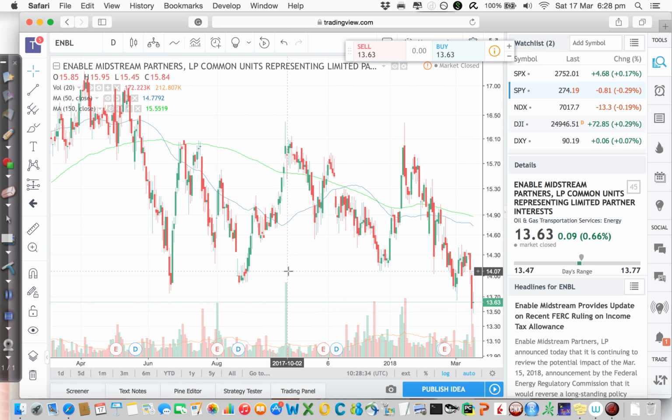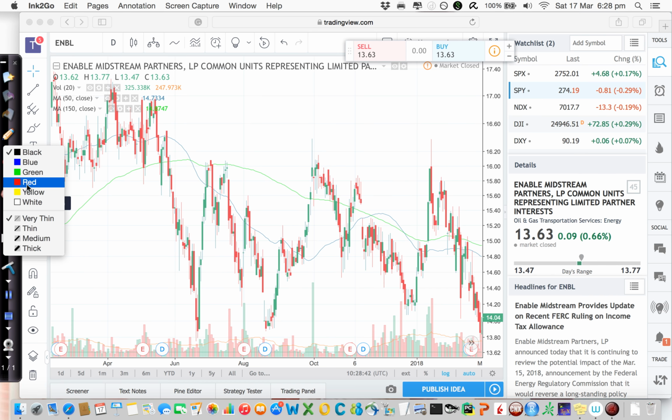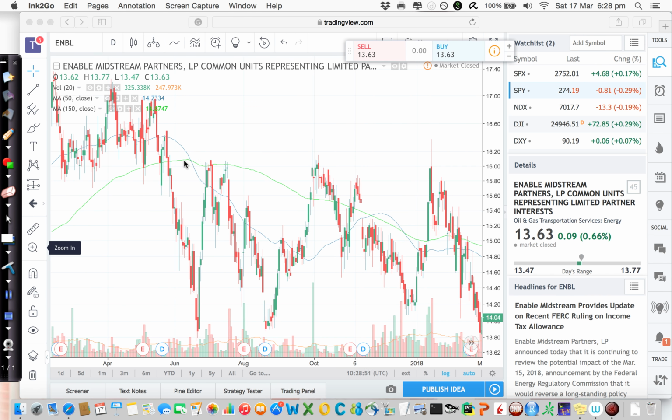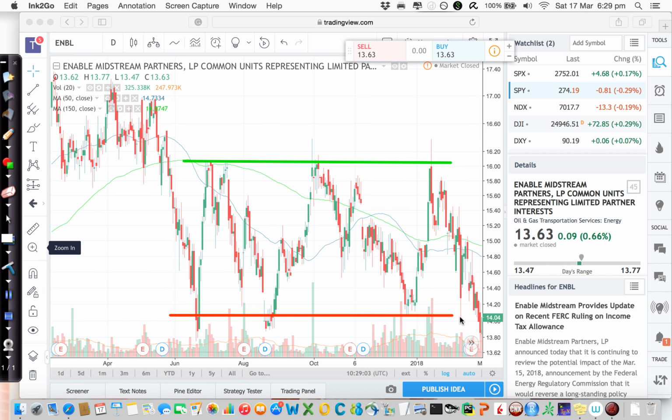This one, right? You can see here there is a clear consolidation. There is a level of resistance where the price hits and then goes down, and there is also a clear support around here.